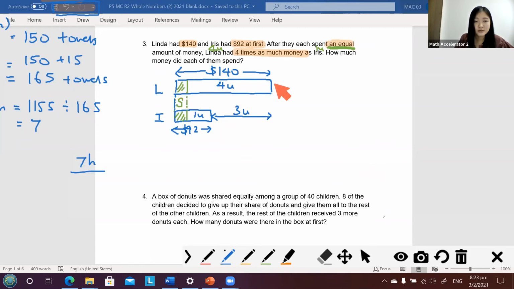And then this 140 minus the 92, we can also get the difference, which is the same. So 3 units is 140 minus 92. So can you calculate it out?